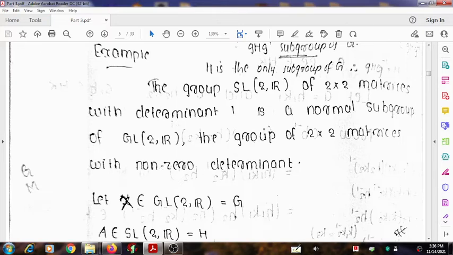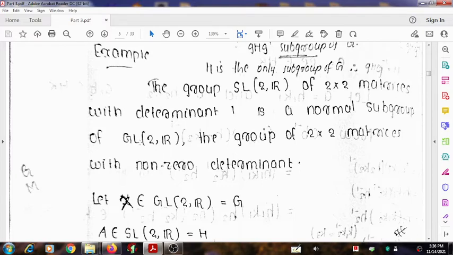Since the matrices in this set have non-zero determinants, these elements have inverses, and those inverses also belong to this set. It is very clear that the inverse belongs to the set because it's a group.